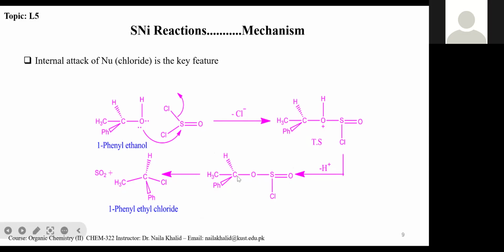Here this chlorosulfide is decomposed to give you the sulfur dioxide. How this chloride with electron pair will act as a nucleophile, will attack on this electrophilic center. Electron density comes here, sulfur dioxide is removed, and you will get this exclusive isomer with retention of configuration. So 1-phenyl ethyl chloride is our product, and the same configuration has been achieved.